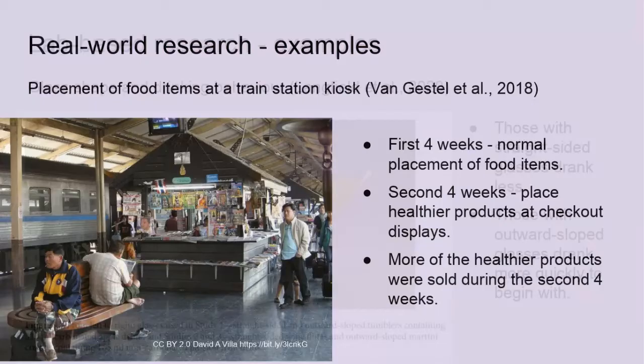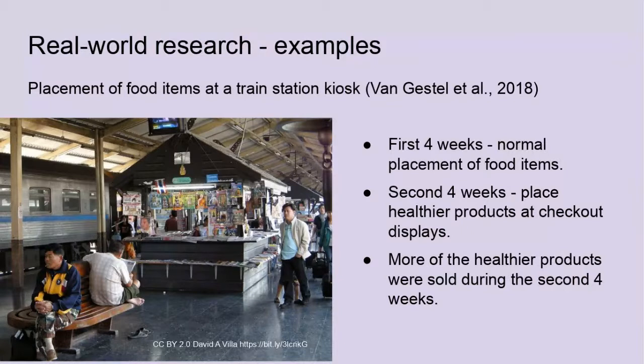So how do these kinds of findings translate to the real world? Well, there have been people who've done studies in the field and looked at the effects of these types of small environmental changes. So, for example, there was some research done at a train station kiosk, which is obviously a very interesting setting because people are usually rushing through quite quickly on the way to catching a train. And so if an item is readily available, they might be more likely to choose it, we would imagine.